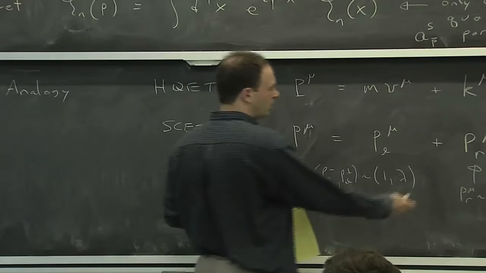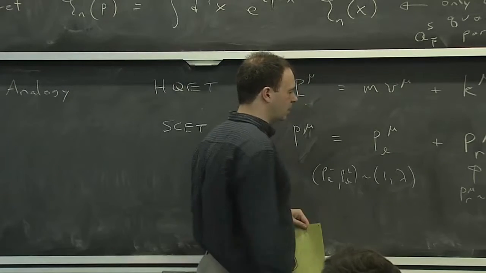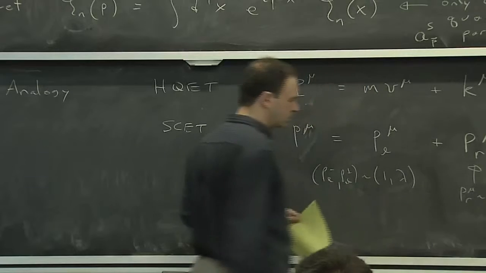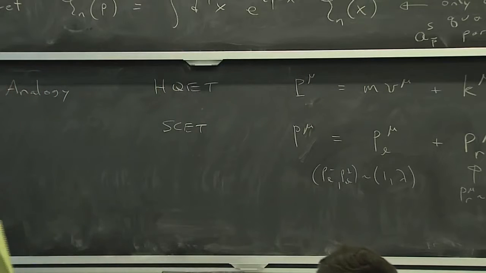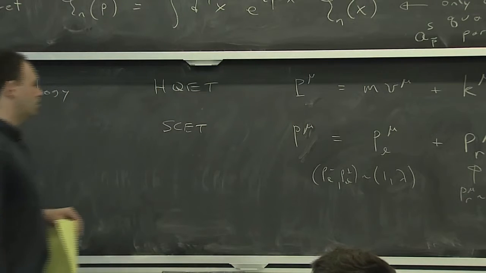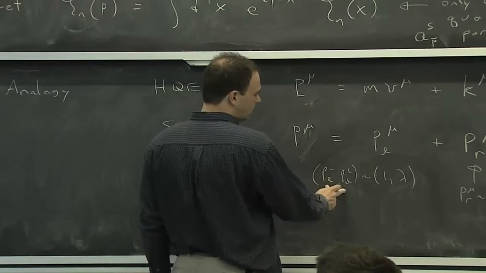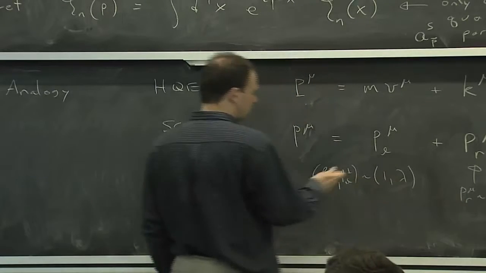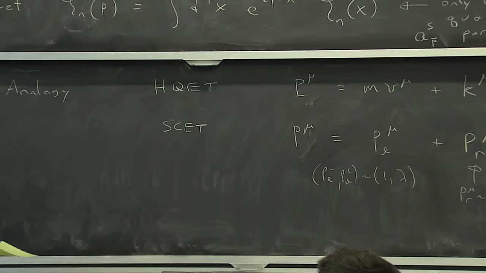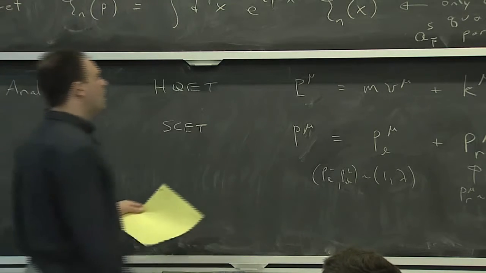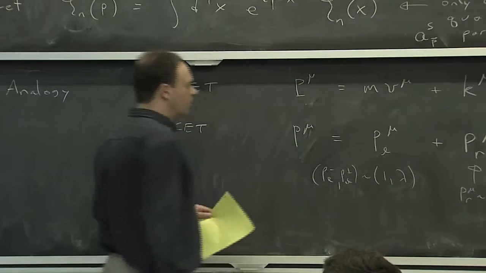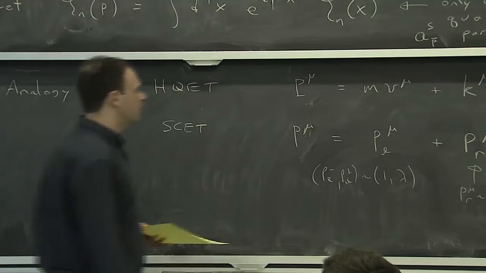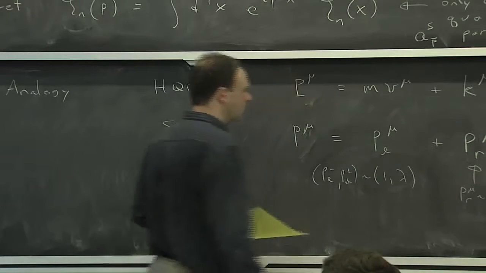Because remember, at subleading orders, I'm going to have to care about the other components as well. So let me just say that the residual could have order lambda squared pieces in any component. In the minus and the perp, I'm going to expand with these residuals being smaller than these terms here. And this momentum I'm going to call a label momentum, and this momentum I'm going to call a residual momentum.